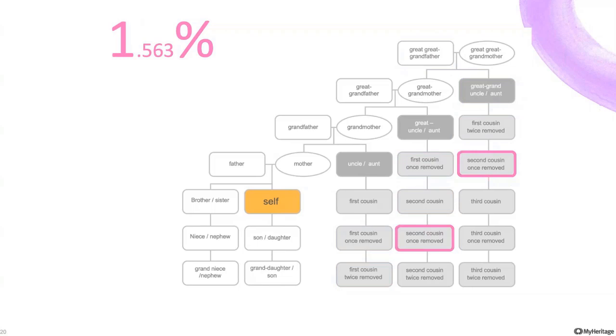So the percentage of shared DNA, the amount of shared DNA, which is also represented by centimorgans, which is the unit of measurement in genetics, is what helps us determine what the potential relationship could be. And there is a variety of relationships, right? And as the percentage goes down, the variety goes up.